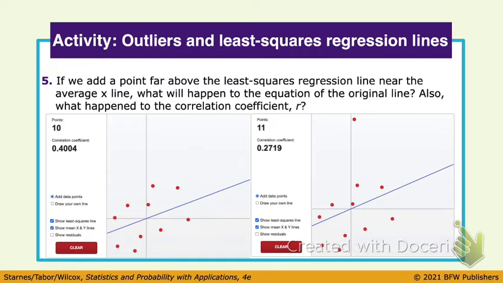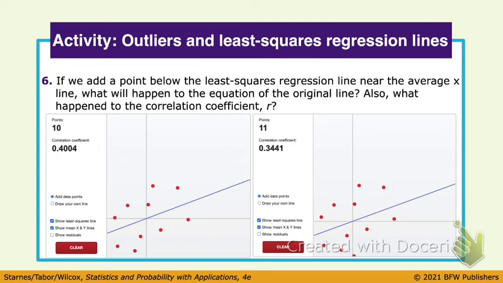So our slope and y-intercept increased a little, not a ton. In fact, even if some of you said I didn't really change it that much, I probably would say, yeah, you're probably right. But our slope and y-intercept increased a little bit, but we definitely got a weaker correlation, okay?